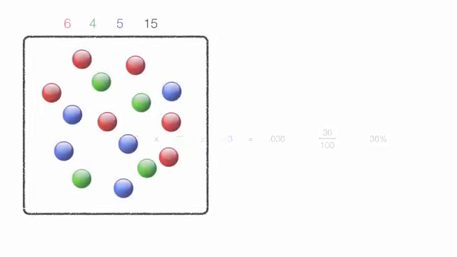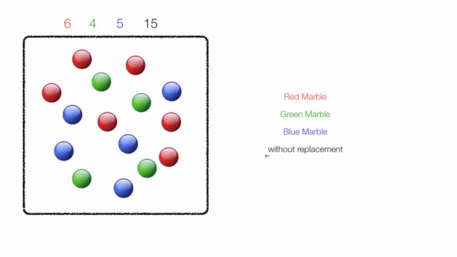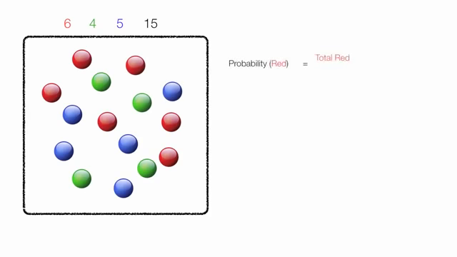Now I am going to pick a red marble, a green marble, and a blue marble without replacement. And I'm going to calculate the probability of that. Picking a red marble, a green marble, and a blue marble in that order without replacement. The probability of picking a red marble is equal to the total red out of the grand total.